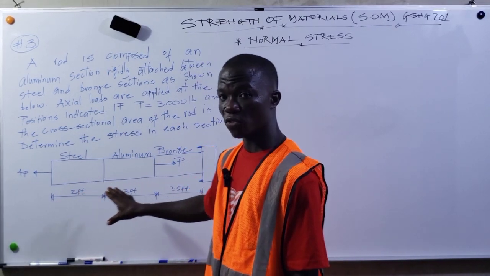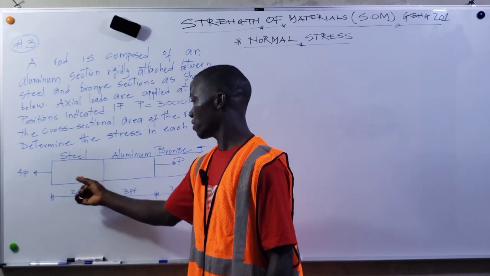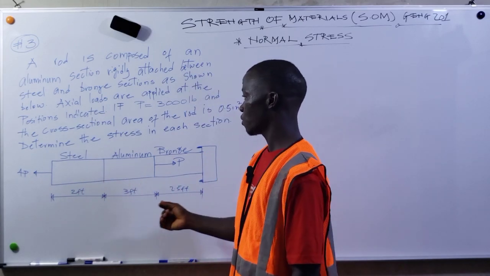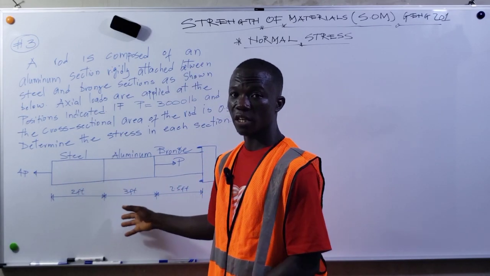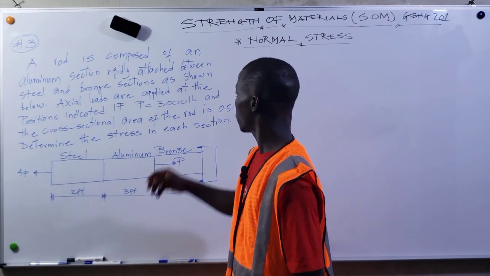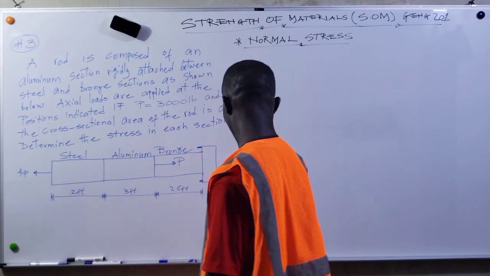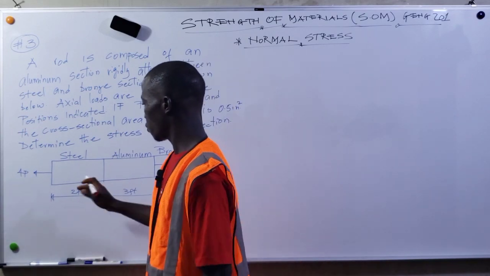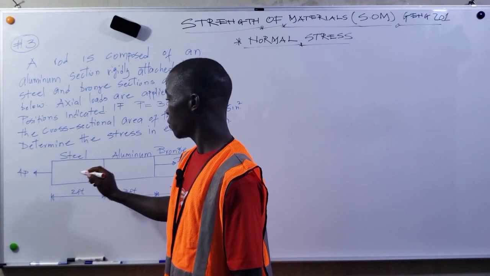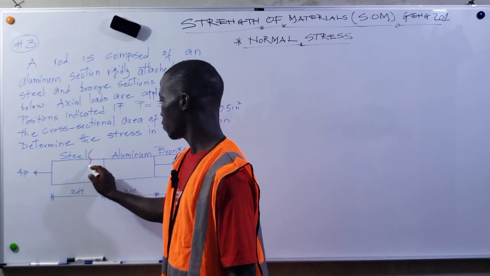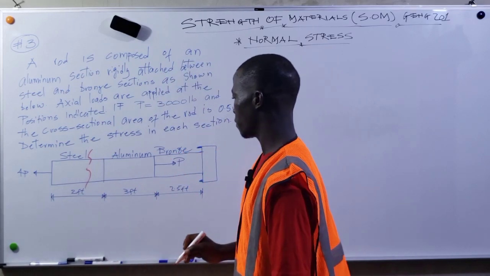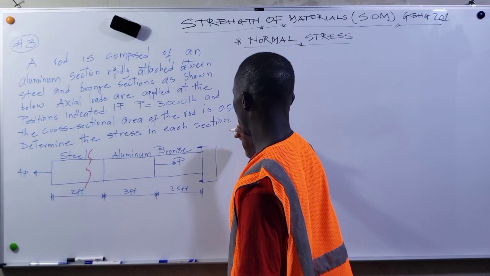So in order for us to determine the stress in each section, we have to draw the free body diagram of each section. Let us start with the steel. We draw the free body diagram for steel by cutting a section through the steel. So the free body diagram goes like this.